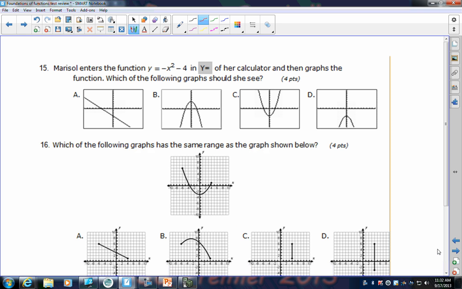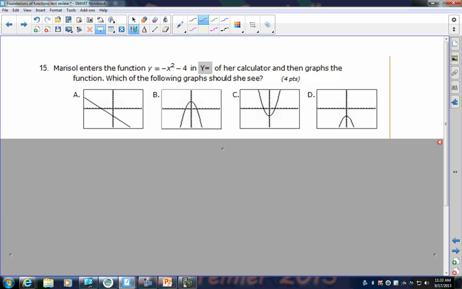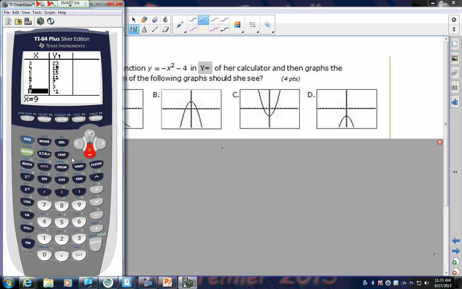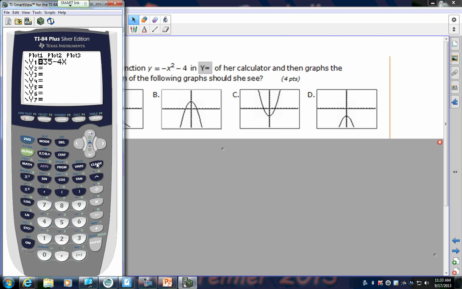Now this next one, I think we should just look at the first one up there first. All it says is to put it in the calculator, press graph, and see which one matches. So all we have to do is go to y equals, and put in x squared minus 4.